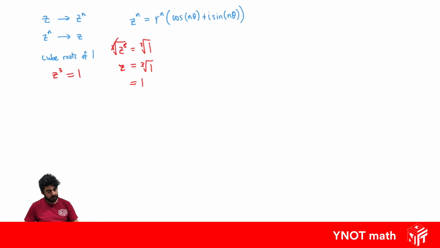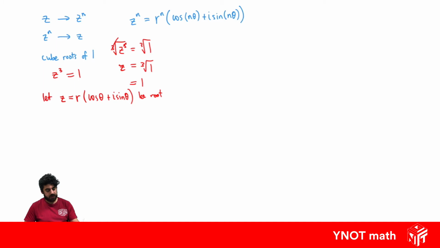One thing we want to do first is let z equal r outside of cos theta plus i sine theta, and we want it to be a root of the equation. This just helps us get a complex number solution.